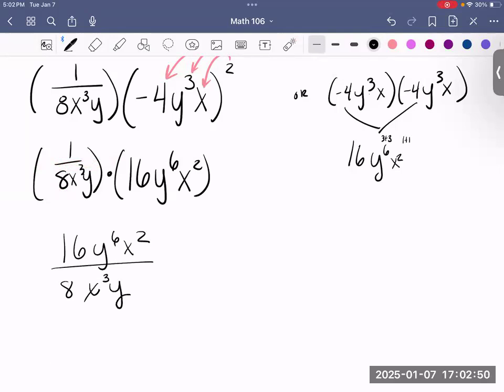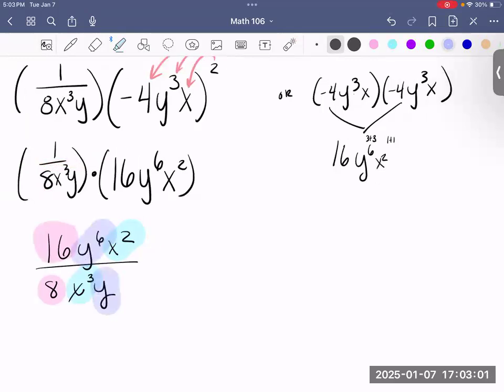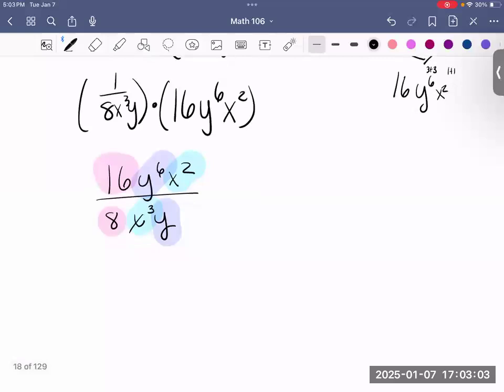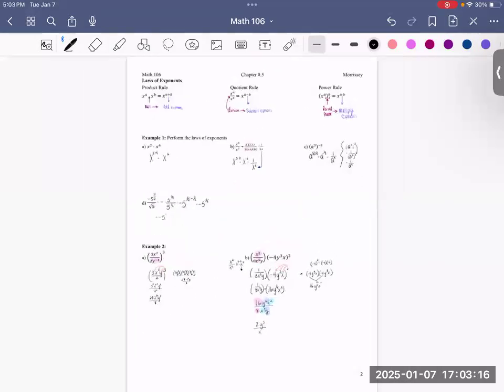Now we can go ahead and simplify. 16 and 8 will simplify. x squared and x cubed will simplify, and y to the sixth and y will simplify. So we're left with 2 y to the fifth over x. And that should be it as far as our laws of exponents.